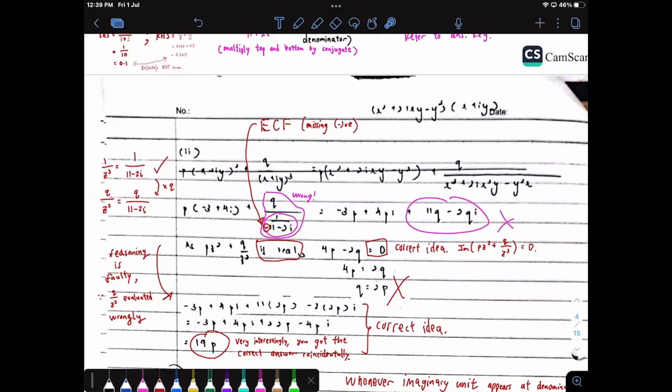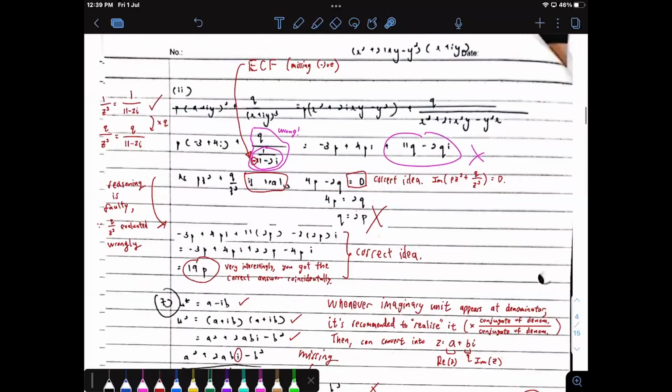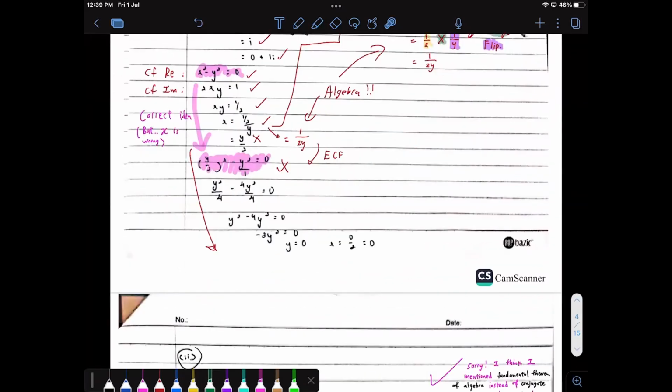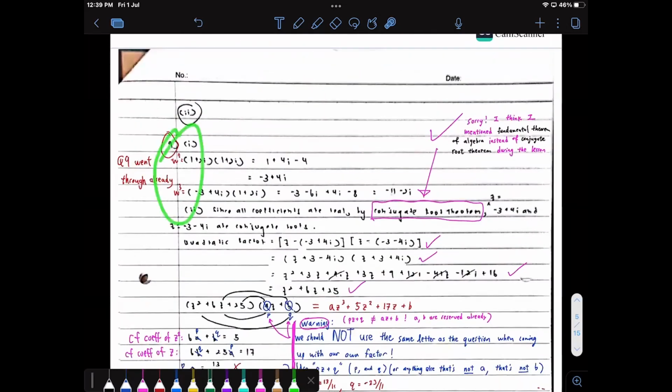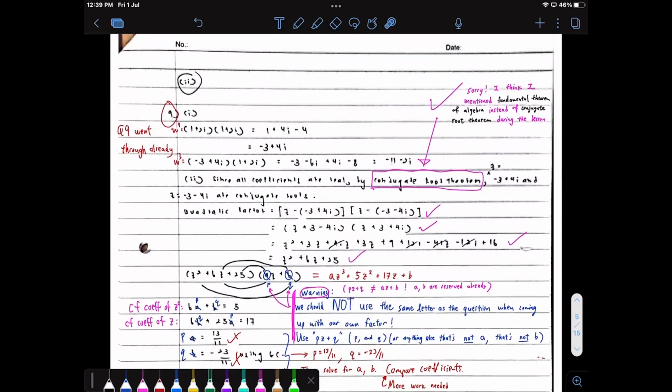Algebra, I'll leave that to you. Another algebra mistake over here: it should be 1 over 2y, not y over 2. Presentation error, also minor. If you can get the correct answer, then nobody will fault you. The presentation is just secondary.